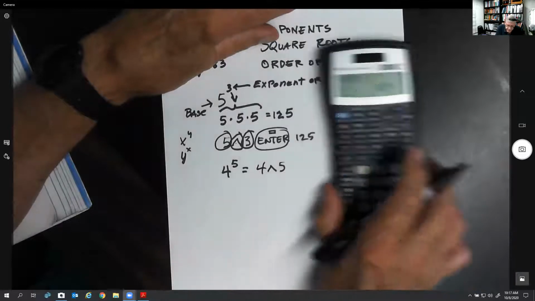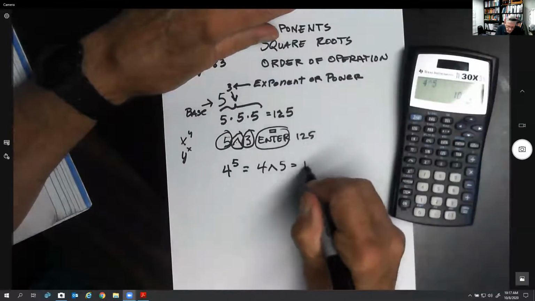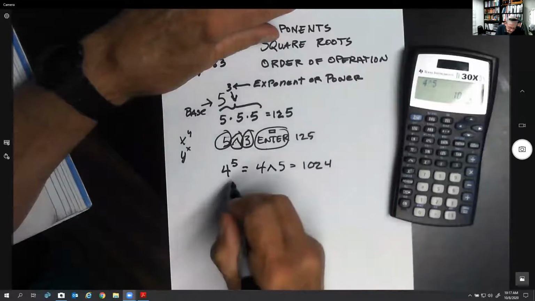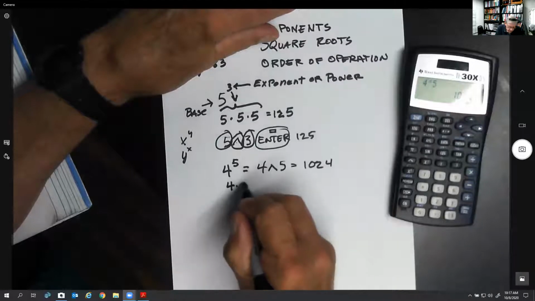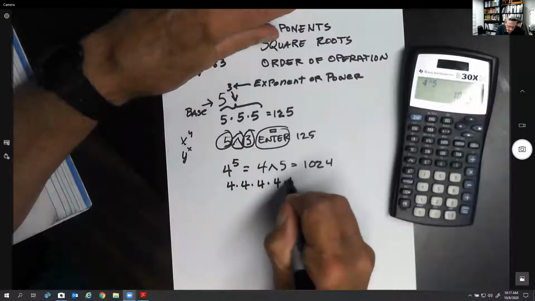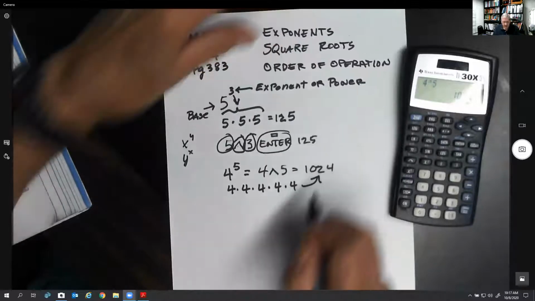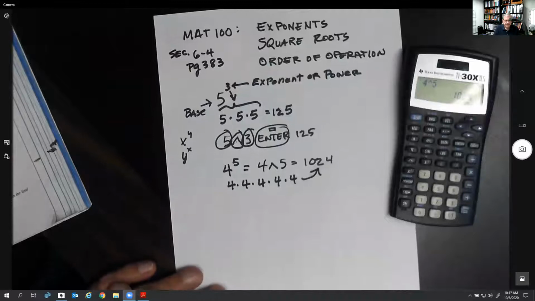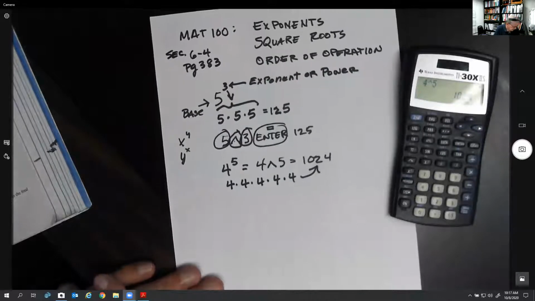Enter. 1024. That's the same thing as multiplying 4 times 4 times 4 times 4 times 4. We would come up with the same number. Okay, so pretty simple, huh?